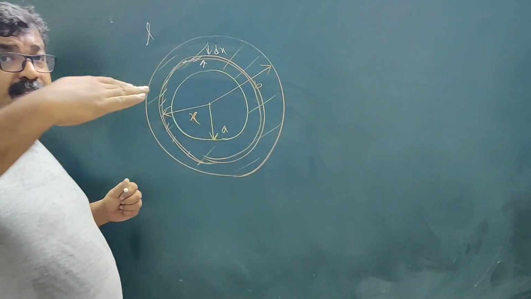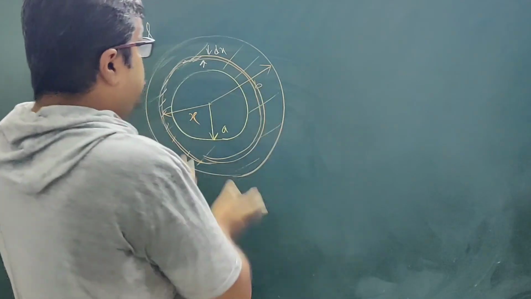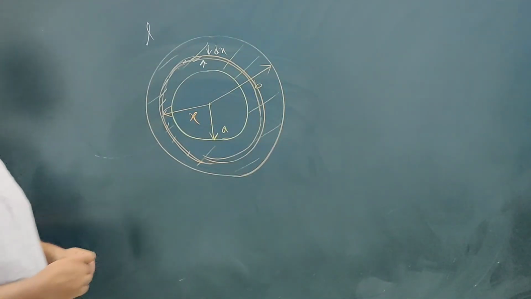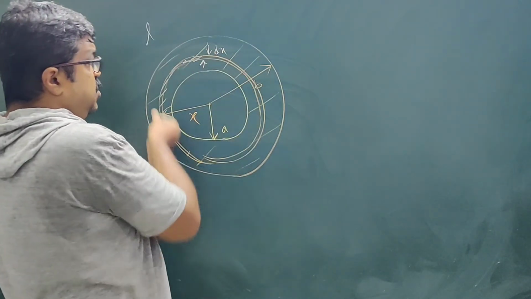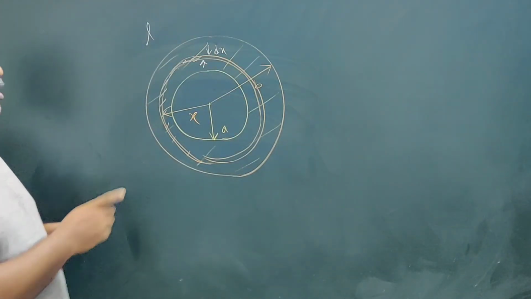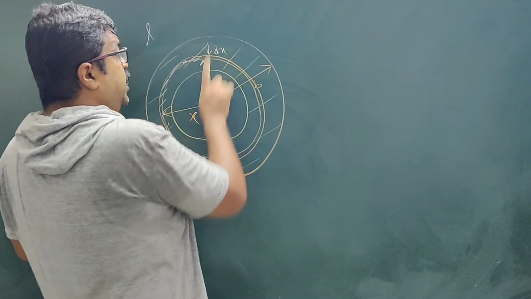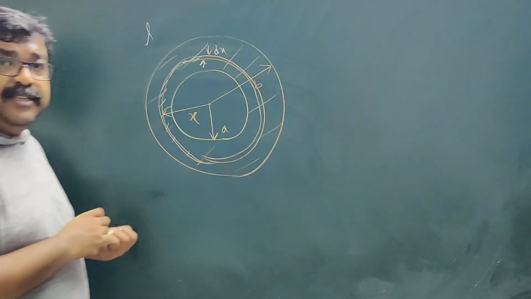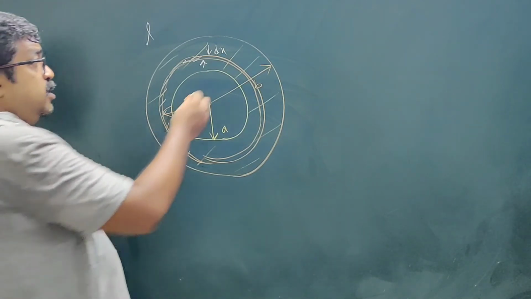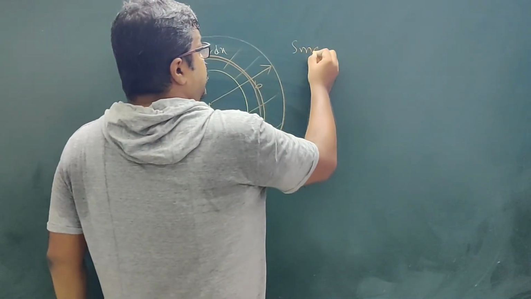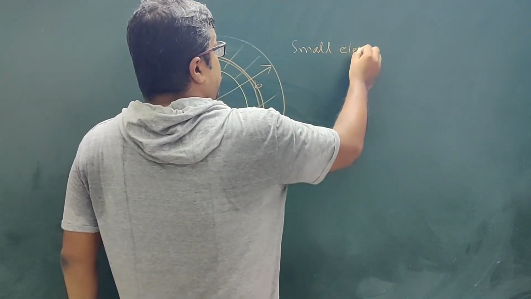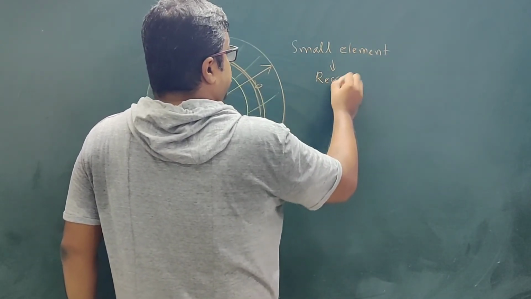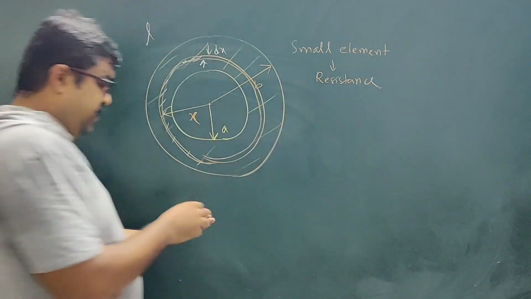We are observing the cross section. The current is flowing like this. So for this strip, the current is traveling through a length dx, isn't it? So for this small element, what will be the resistance?